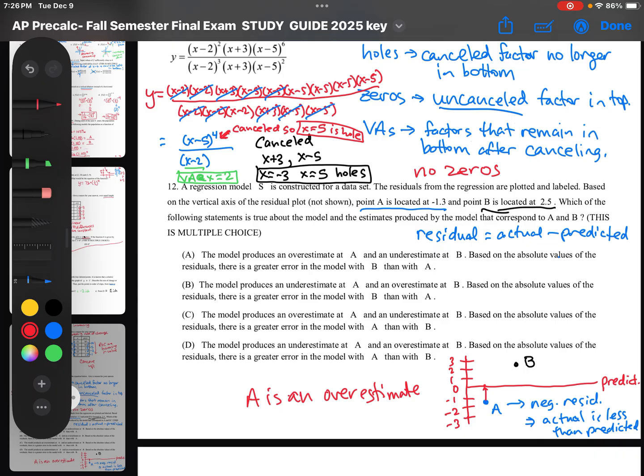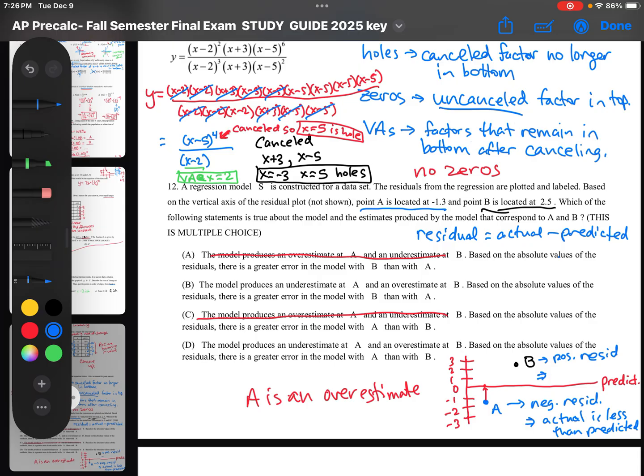So if A is an overestimate, I can eliminate choice A and choice C because those say that A is an underestimate. When I look at B, I can see that for this one, we have a positive residual.